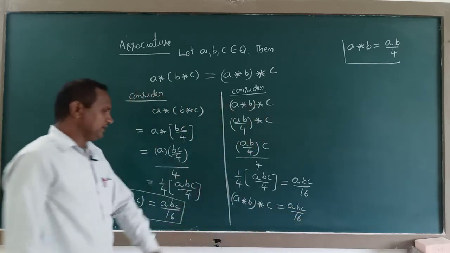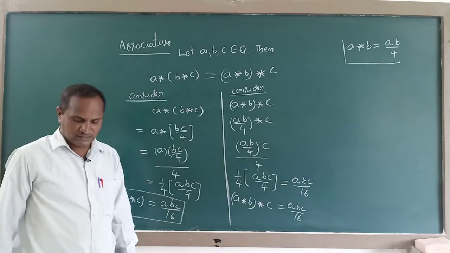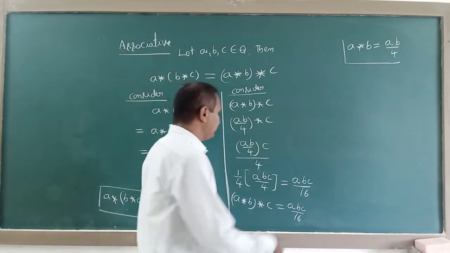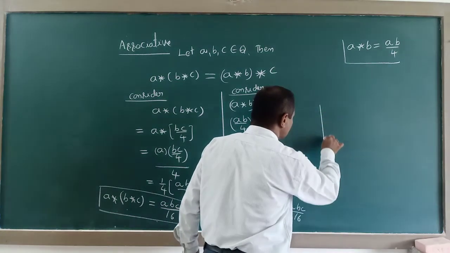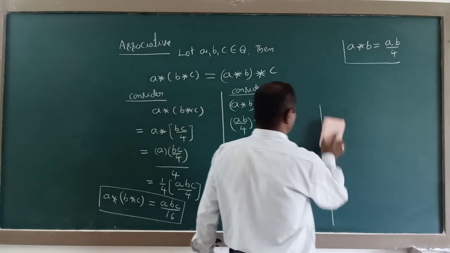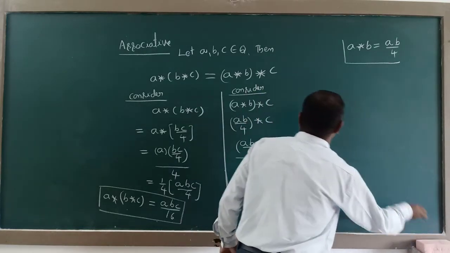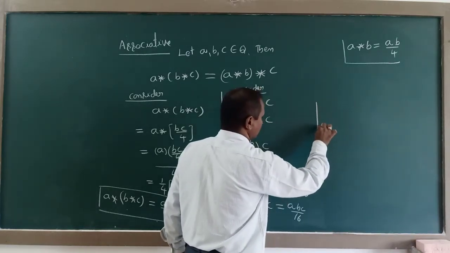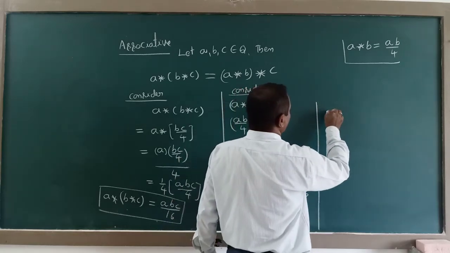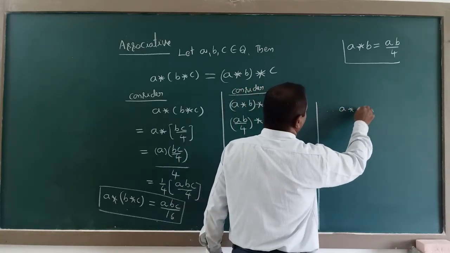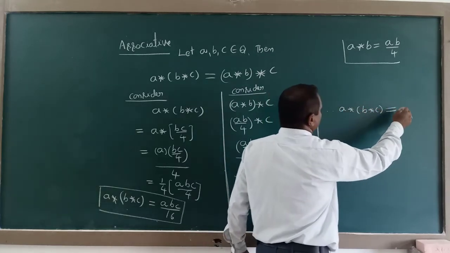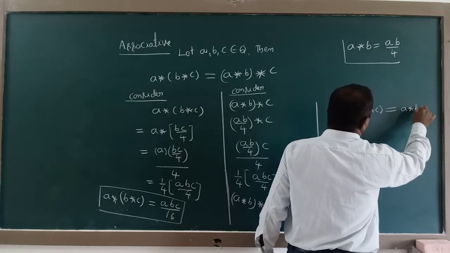We are getting the same values for left hand side and right hand side. Therefore, a star of b star c is equal to a star b of star c.